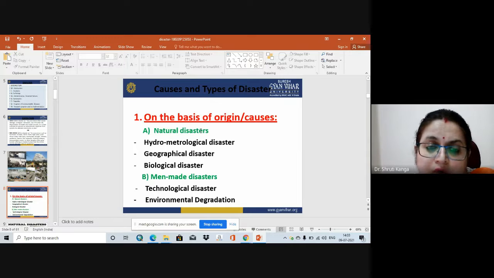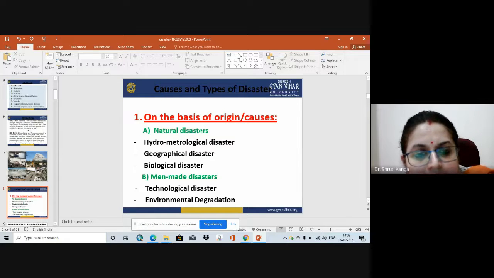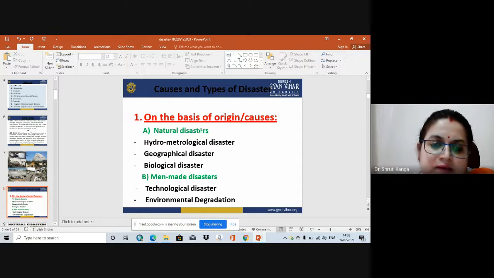So we can make aware the people residing on those banks to please vacate these places, as there is a chance of heavy rainfall during 9, 10, 11 of July.